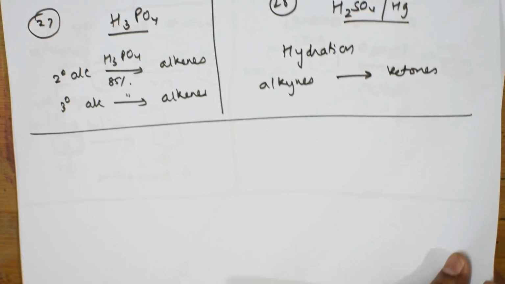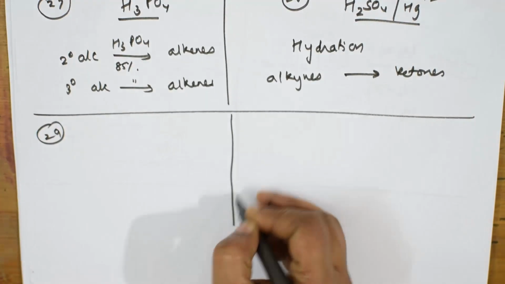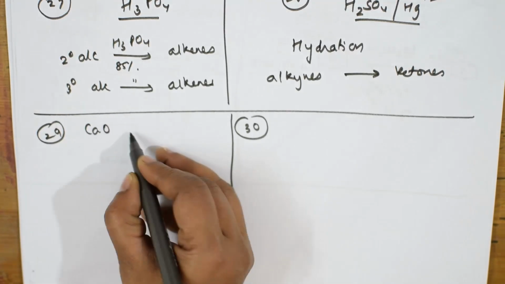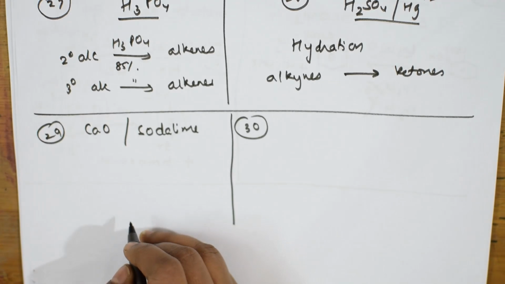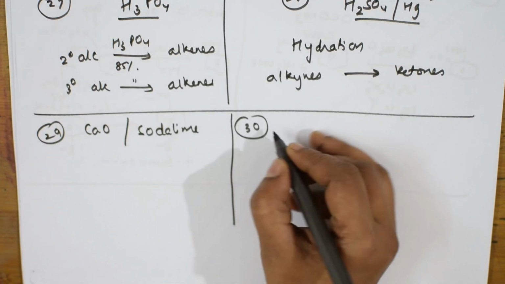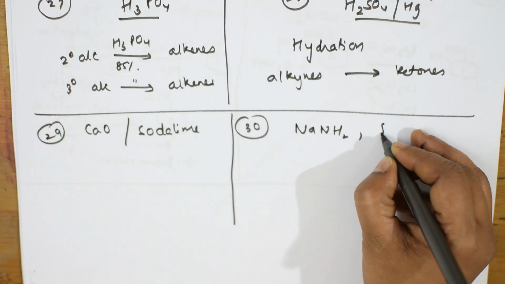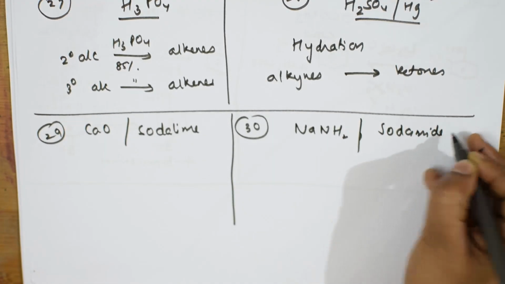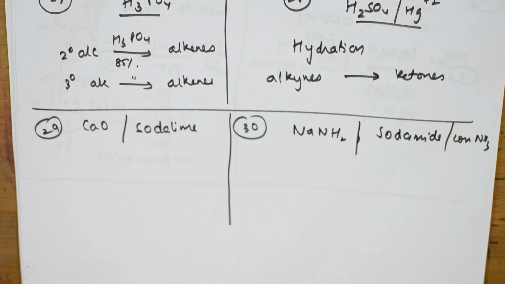In the paper, let me take this as 29 and let me break this and make this 30. In the exam paper, if you have calcium oxide and soda lime. In the exam paper, if you have sodium amide instead of soda lime, you have sodamide in concentrated ammonia. See the difference in products.